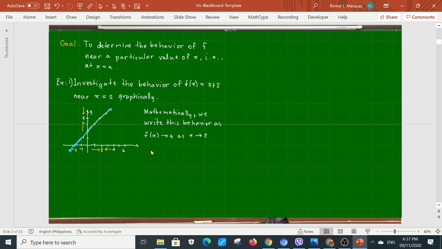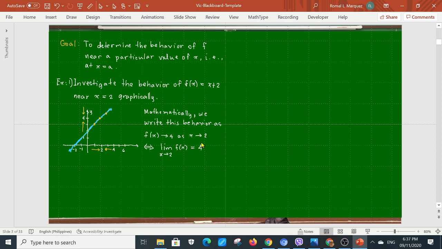Or equivalently, the limit as x approaches 2, and that is both from the left and from the right, of f of x, and f of x is actually x plus 2, is equal to 4.